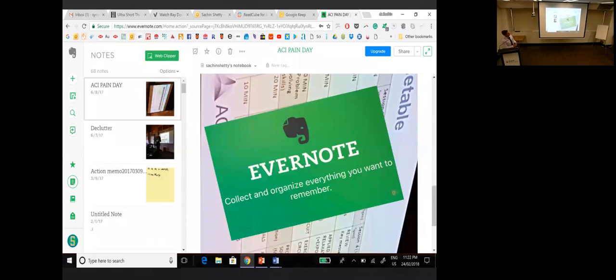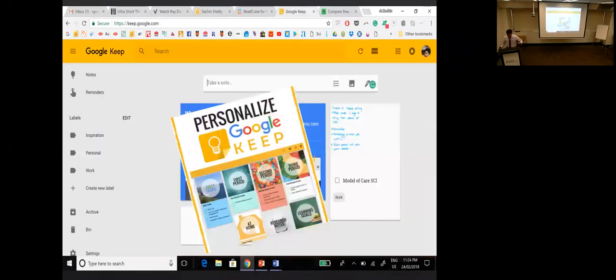This is a one-stop shop. I have actually shifted to this in the last few years. I used to be an Evernote user. This works better because it uses your Google data cloud, and the data is available. You can have notebooks inside this, and organize it the way you want.